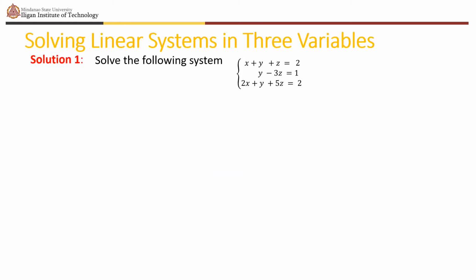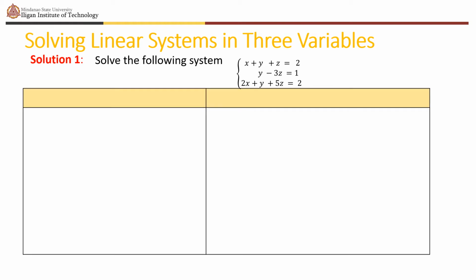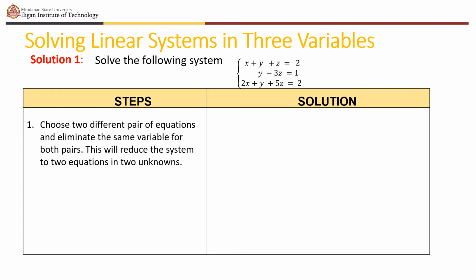So here's the solution for number 1. We have the following steps and solution. Choose two different pairs of equations and eliminate the same variable for both pairs. This will reduce the system to two equations and two unknowns.